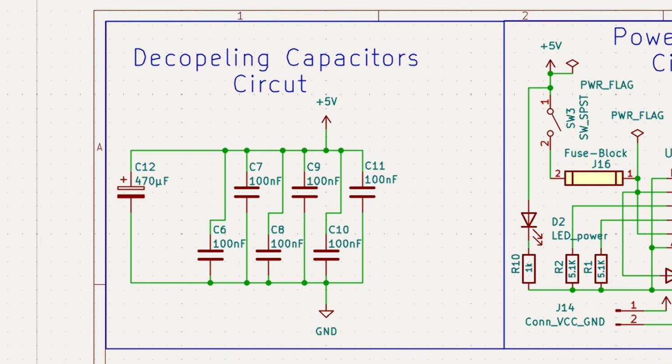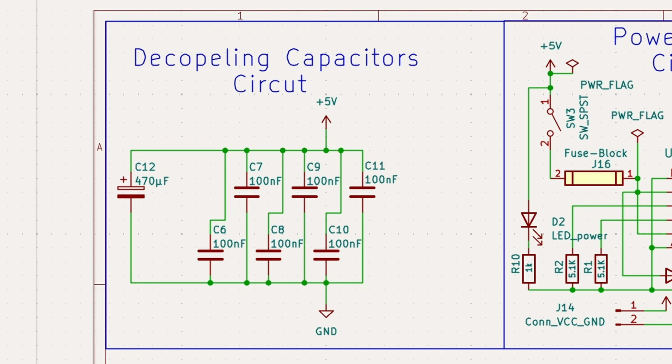The first addition that I made was to add decoupling capacitors to all of the ICs. This is one thing that I kept reading over and over again, that every logic chip should have at least one small 100 nanofarad capacitor placed close to its power pins.